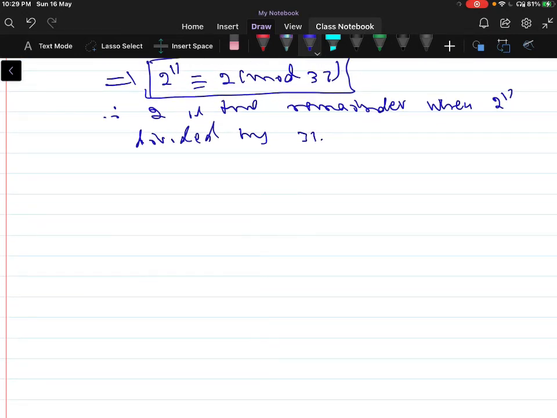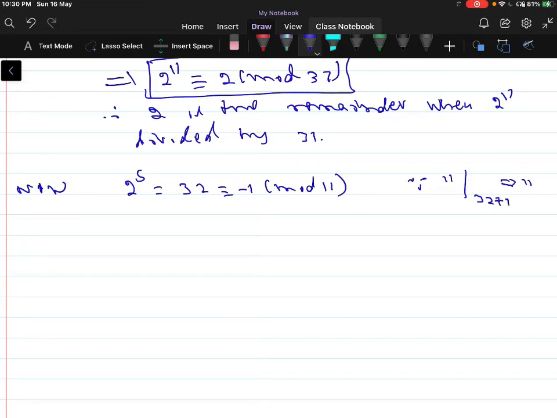Now we have to find out the remainder when 2 power 31 is divided by 11. Now 2 power 5 is equal to 32, which is congruent to minus 1 modulo 11, since 11 divides 32 plus 1, that is, 11 divides 33.